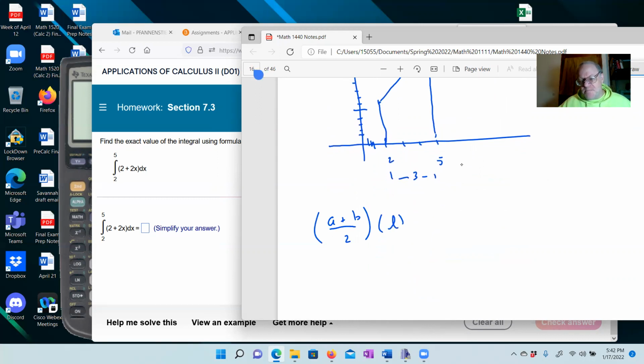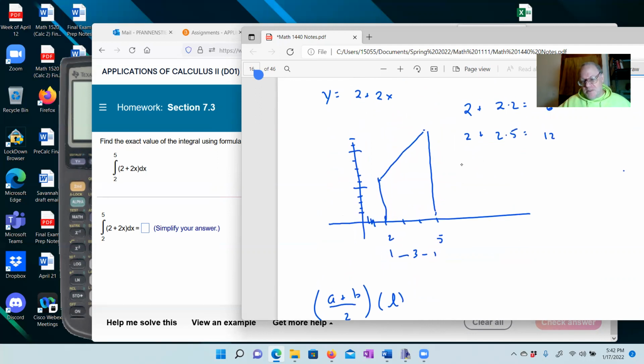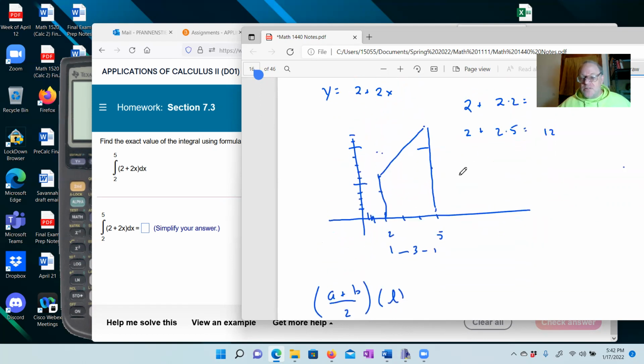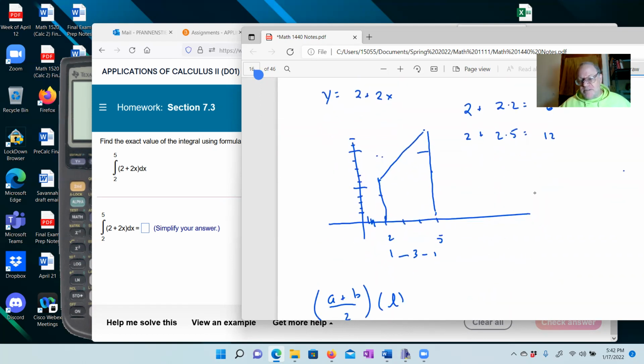So we're effectively getting an average value here, so we're really just making a rectangle. What do we have? We have 6 plus 12 divided by 2, times the length, that would be 3.